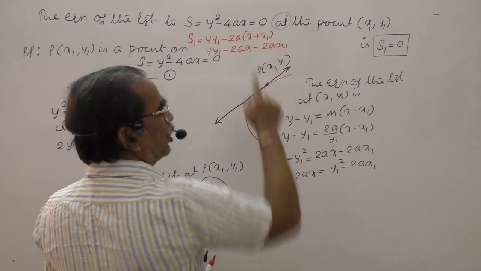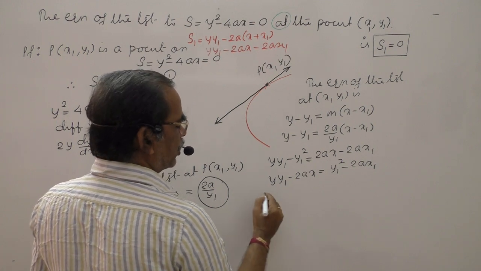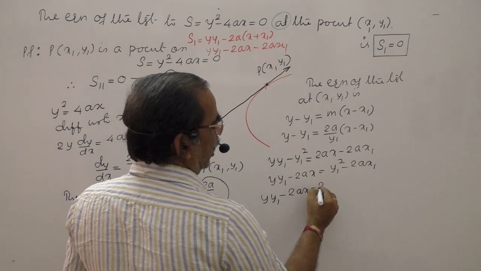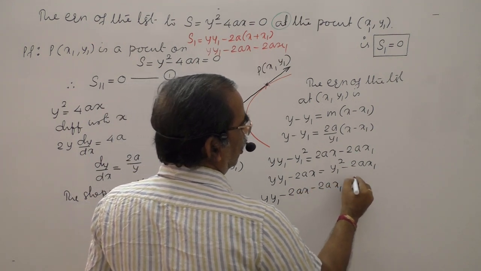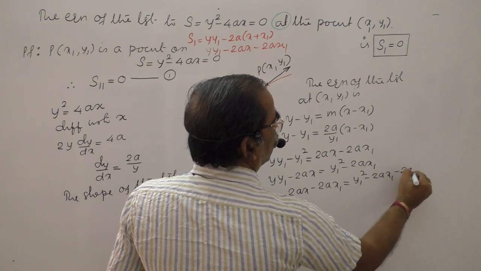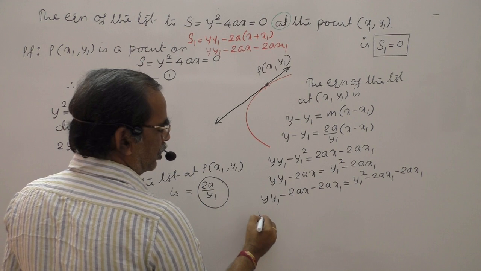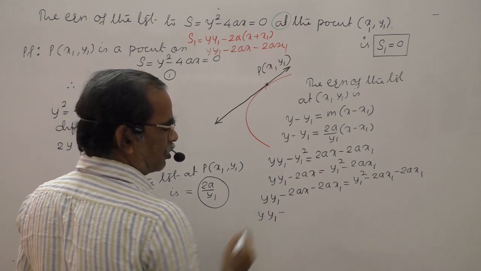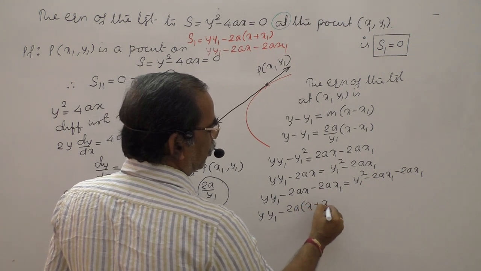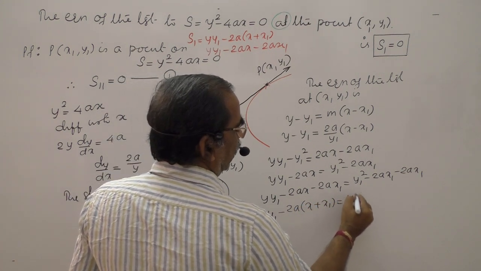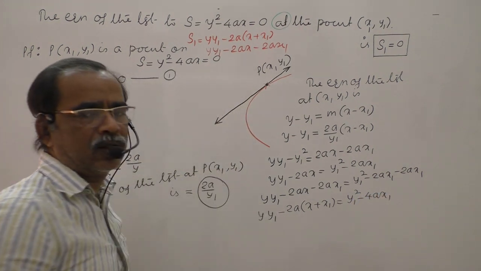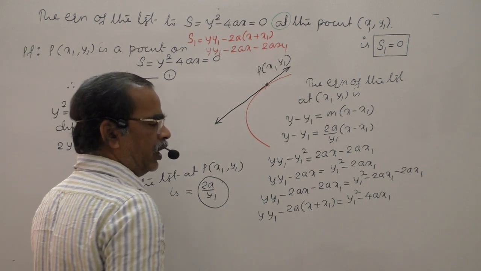Therefore adding 2ax1 on both sides. Taking minus 2a common, we will have x plus x1. On the right side, y1 square minus 2ax1 minus 2ax1, which is minus 4ax1.